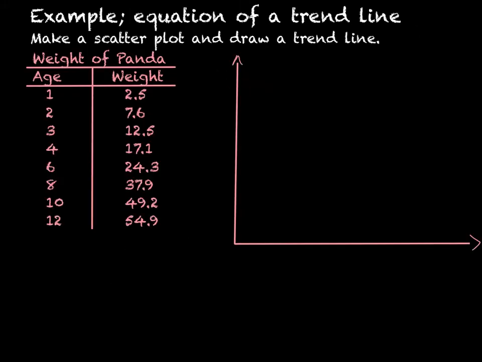For these examples, we're going to make a scatter plot and then draw a trend line. So we already know how to make a scatter plot. We just have to label everything. And then going up, I'm going to go by 5s.